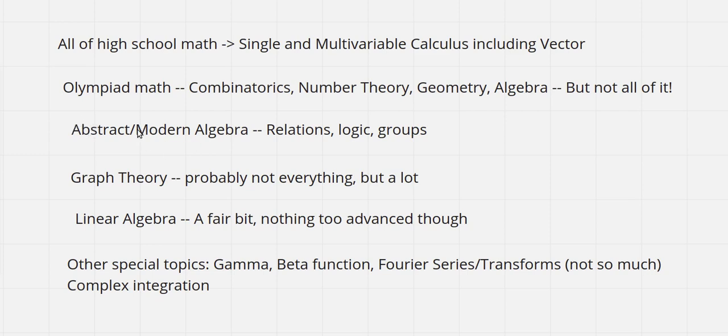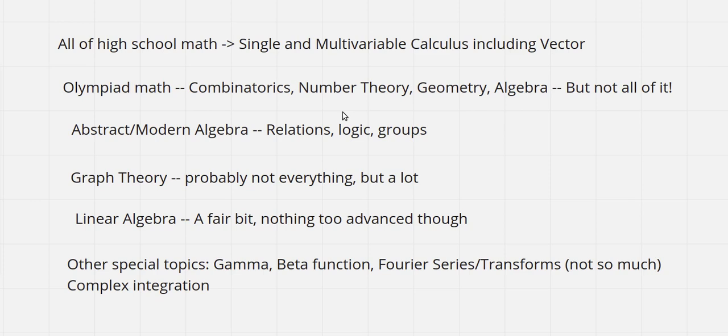Next is abstract slash modern algebra. I took classes on this twice, but never really got as far as groups. I've read up on my own about rings and fields, and I guess I understand it, but I don't readily have the definition of a field in my head.